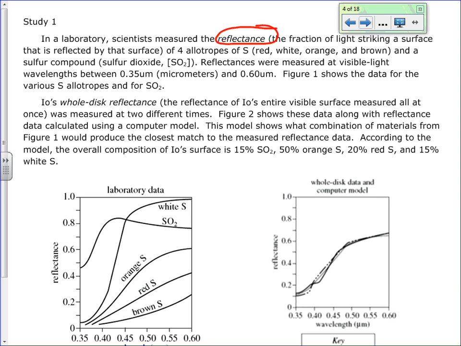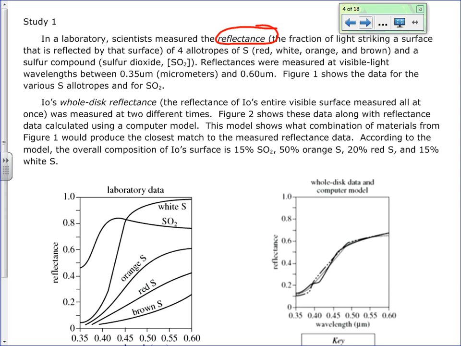All right, so if something has a high reflectance, what does that mean about it? If I said that object has a really high reflectance, what would that mean? Would it be that it's reflecting lots of light? Yeah, it reflects a lot of the light that hits it.